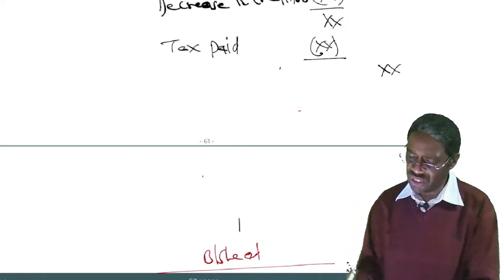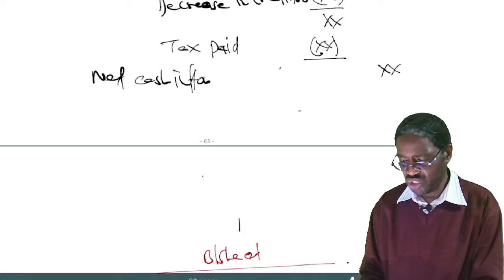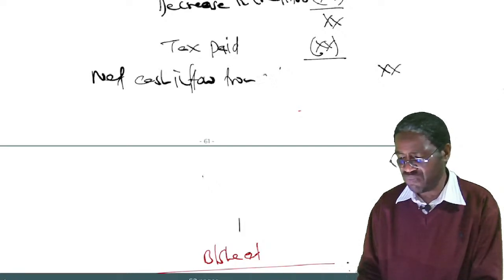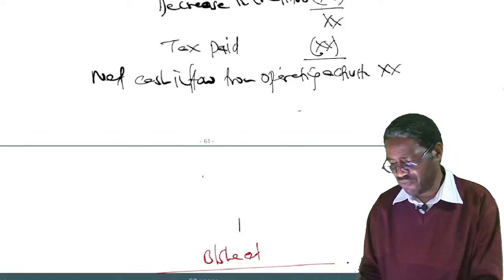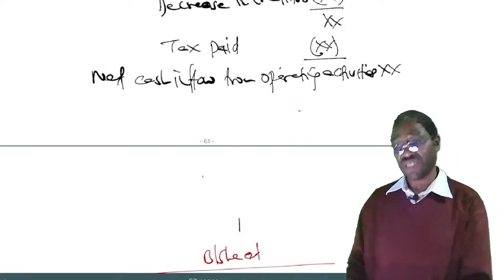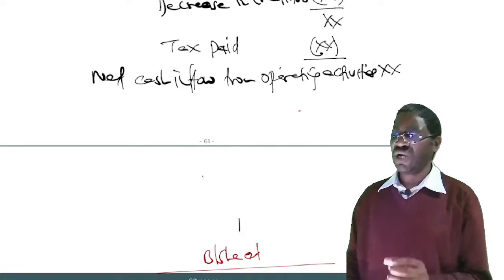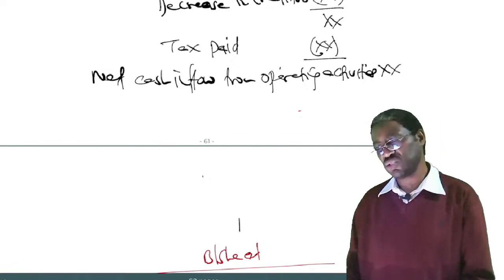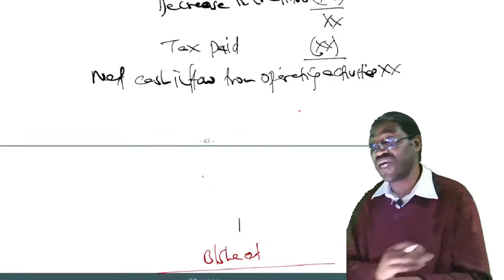If it's a positive, which I want to assume, we shall call it net cash inflow from operating activities. So we are through with the determination of the cash flow from operating activities using the direct method.